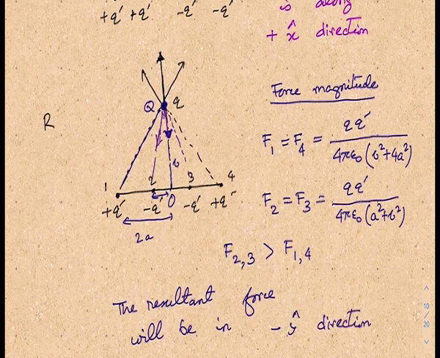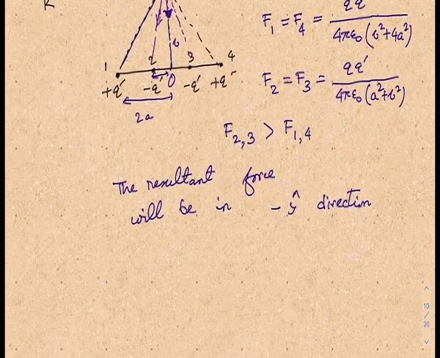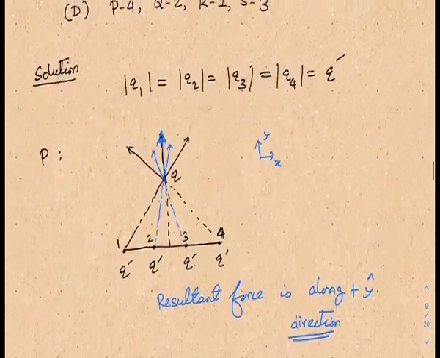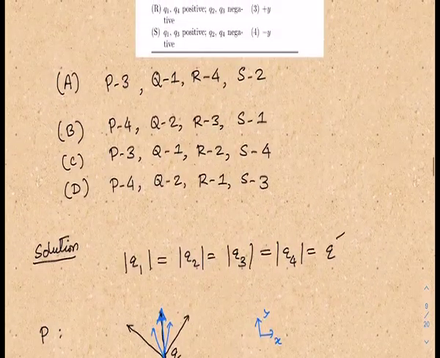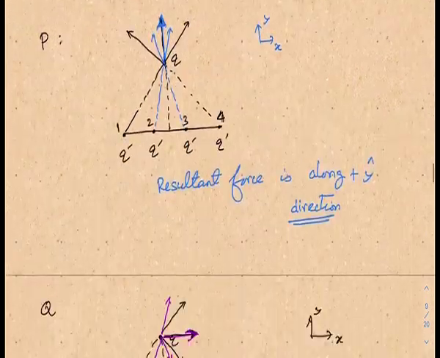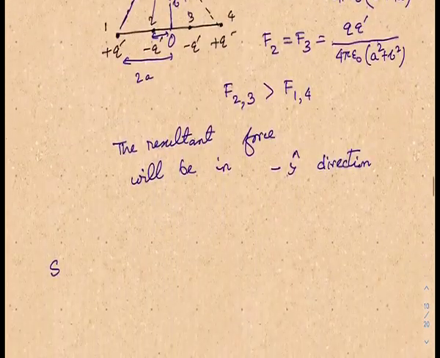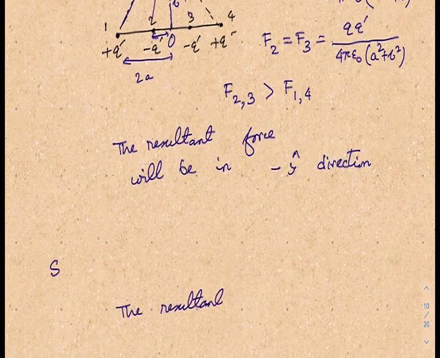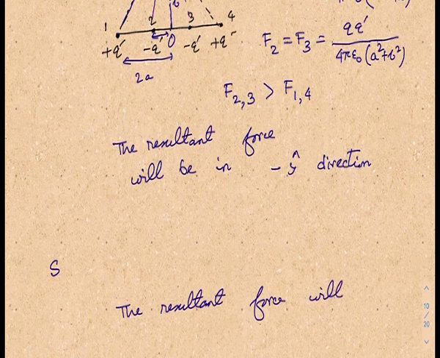In fact, I can leave it for you to do the last case, where Q1, Q3 positive, Q2, Q4 negative. In this case, if you work it out, the resultant force will be along the negative x direction.